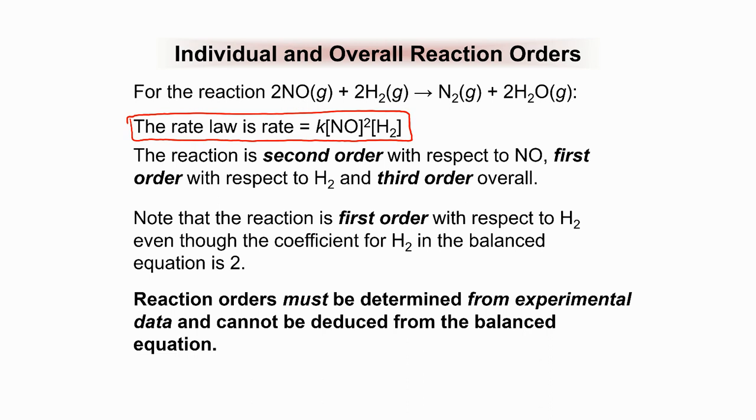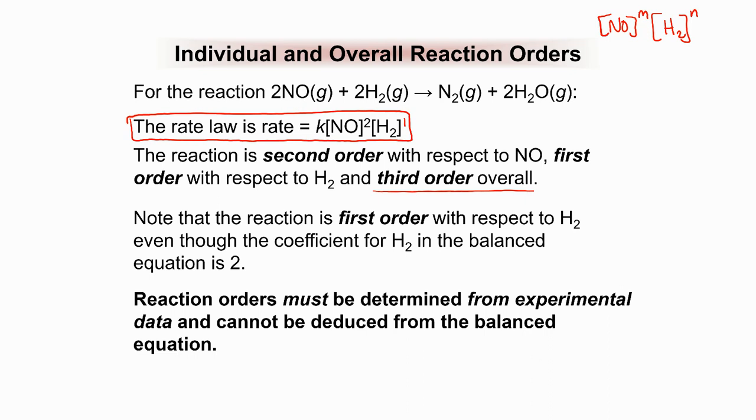Overall, the reaction is third order. Let's think about it. They're both exponents, right? When we multiply exponents with the same base, multiplying them is the same thing as adding the exponents. So if this is a 1 for the H2, then that's why overall it's third order.